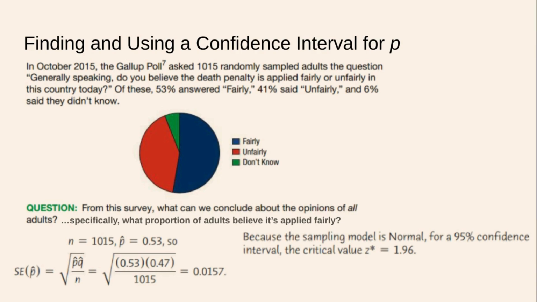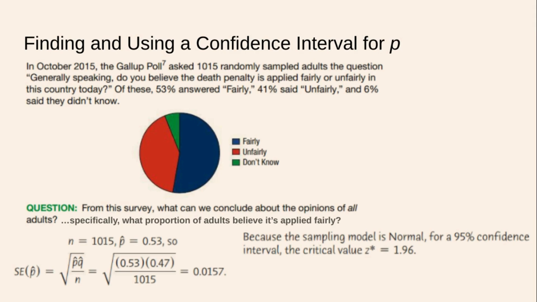Because the sampling model is normal, for a 95% confidence interval, that is far and away the most common confidence interval that you will run into, and we'll see why that is later on in the year. Much thanks to Sir Ronald Fisher, who we'll learn about a bit later. For a 95% confidence interval, the critical value z star equals 1.96.